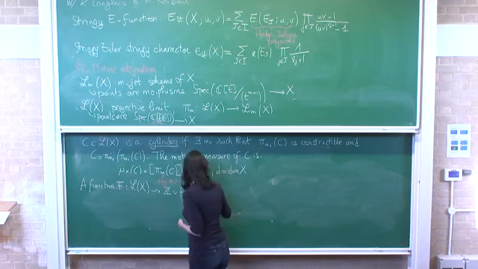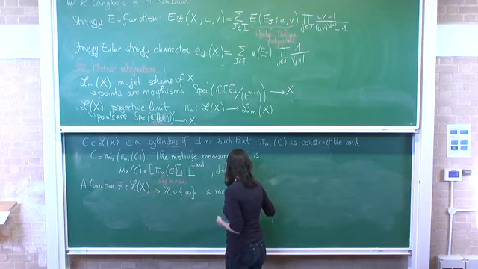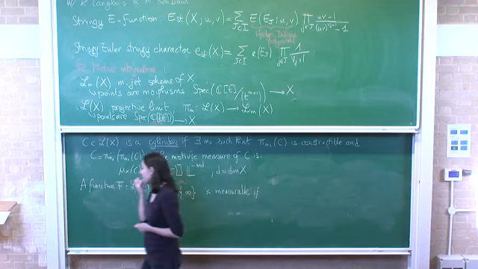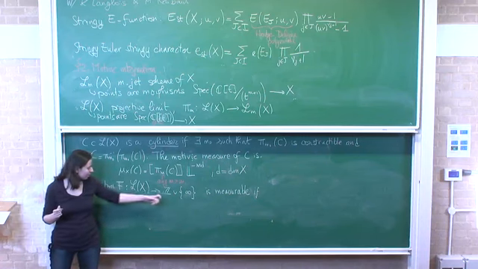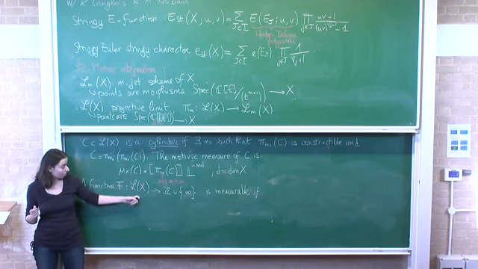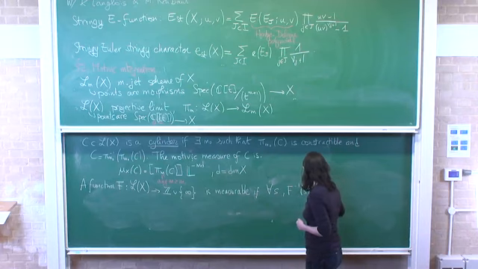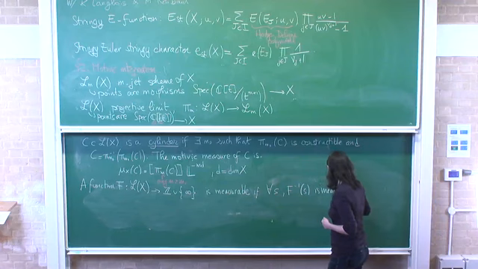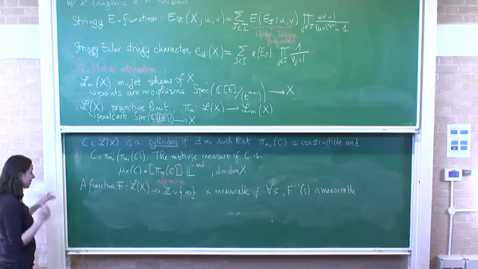So such a function is measurable if when I take the pre-image of any n in S, I get a measurable subspace of the arc space. So that means that this is more or less a cylinder, and so that's measurable.